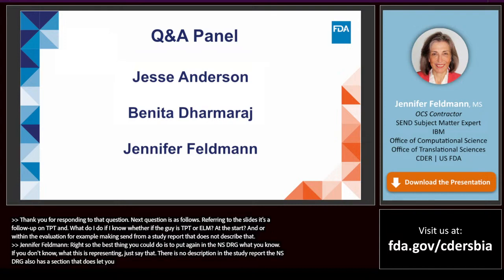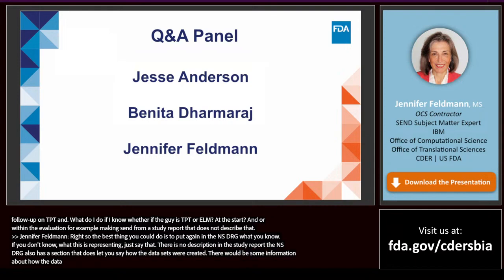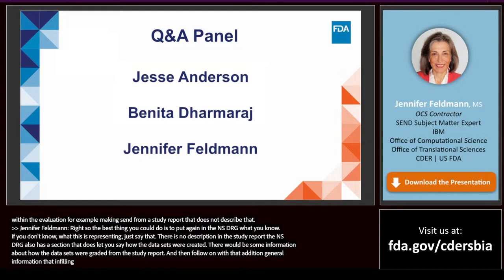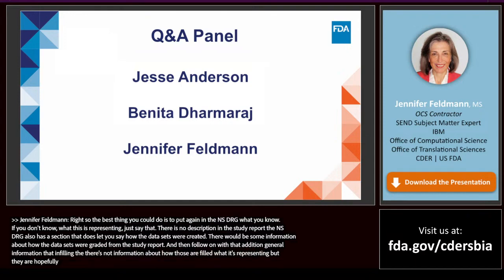So there would be some information about data sets were created from the study report. And then you can follow on with that additional information that says, when filling ELTM or filling TPT, there's not information about how those are filled, what it's representing, but they are hopefully consistent with the tabular output in the study report.